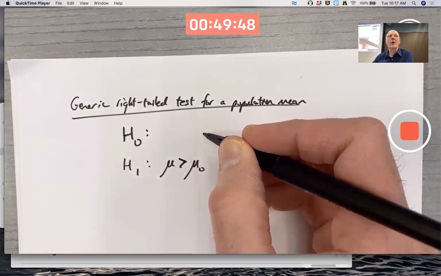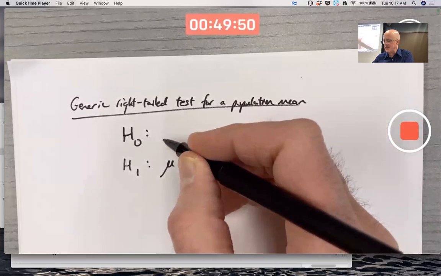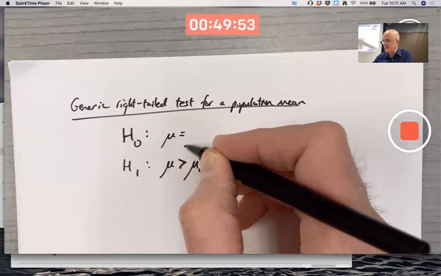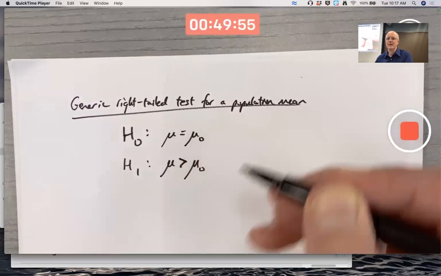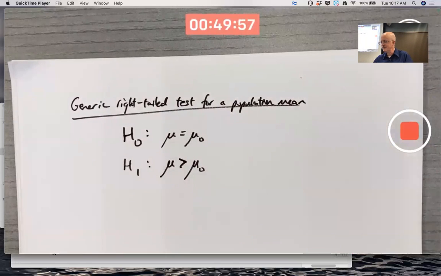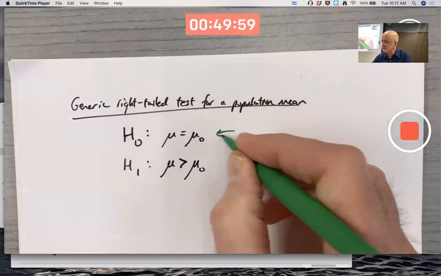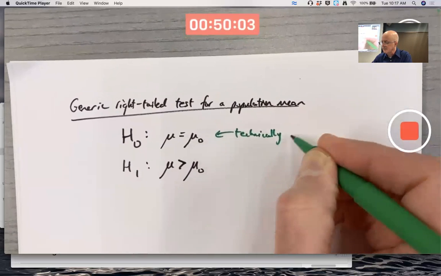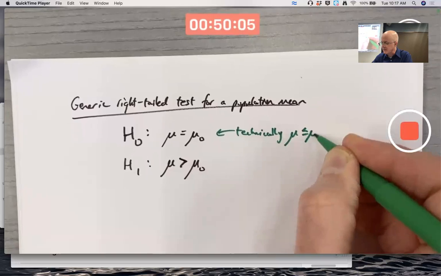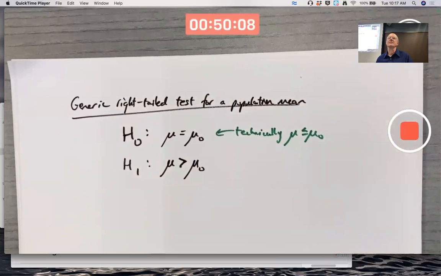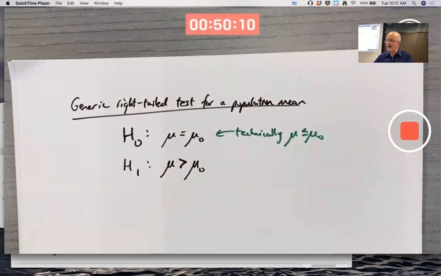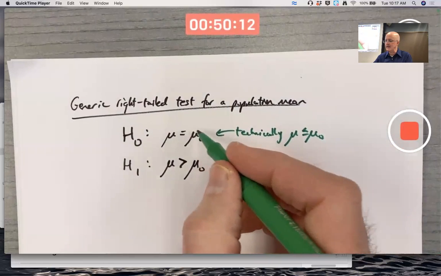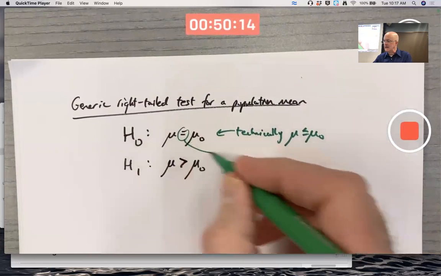However, we almost always keep the null hypothesis as a simple hypothesis, mu equals the null value, mu 0. Maybe I'll write technically, mu is less than or equal to mu 0, but we almost always write it as a simple hypothesis, the equality using an equal sign.